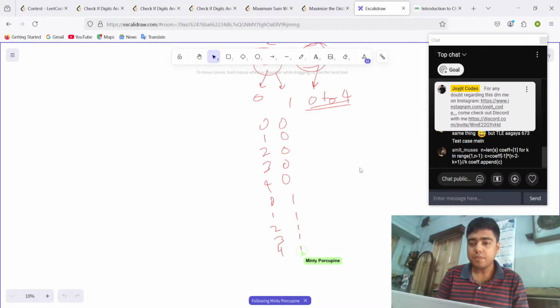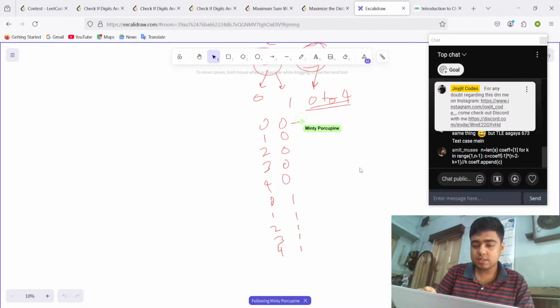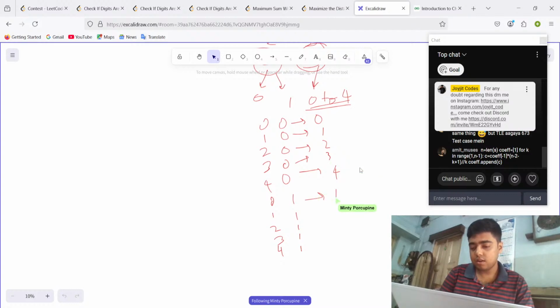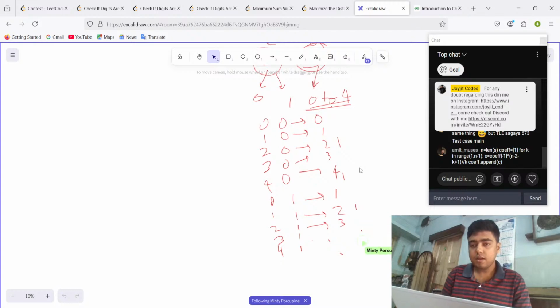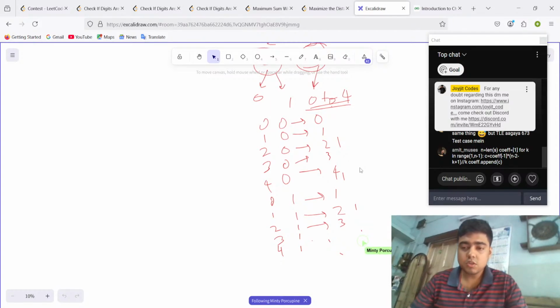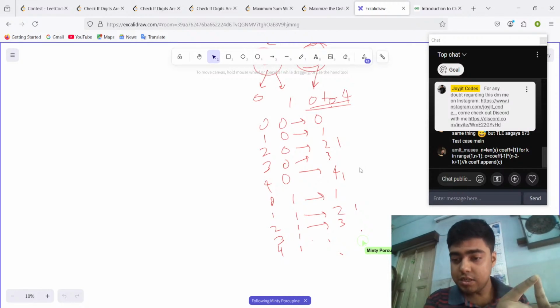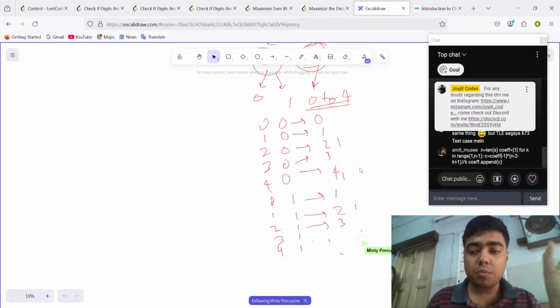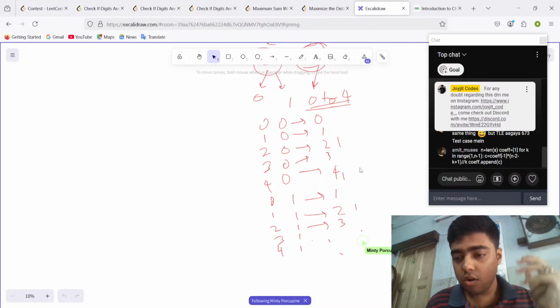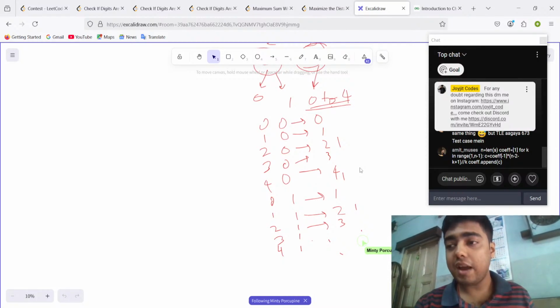Now, let's say I want to find the total modulo of that. The total modulo of this is 0, this is 1, this is 2, this is 3, this is 4, this is again 1, this is 2, this is 3. We can go on doing it, okay. What he has done is find the modulo 10 for which the modulo 2 is equal to the modulo 2 that we got, and the modulo 5 is equal to the modulo 5 that we got.